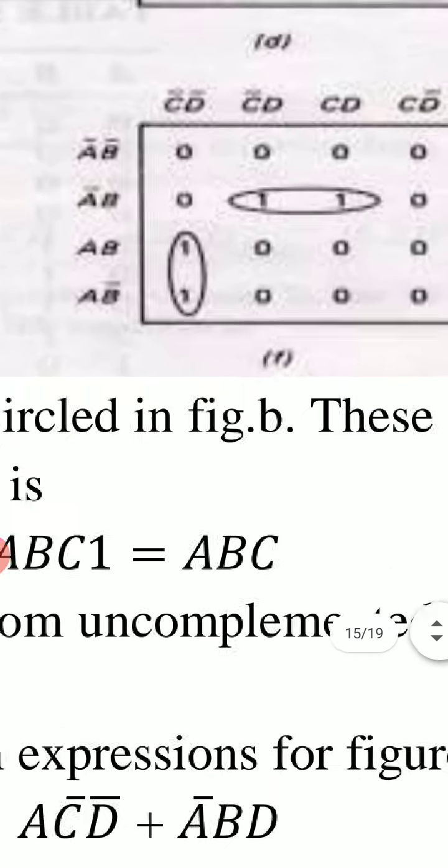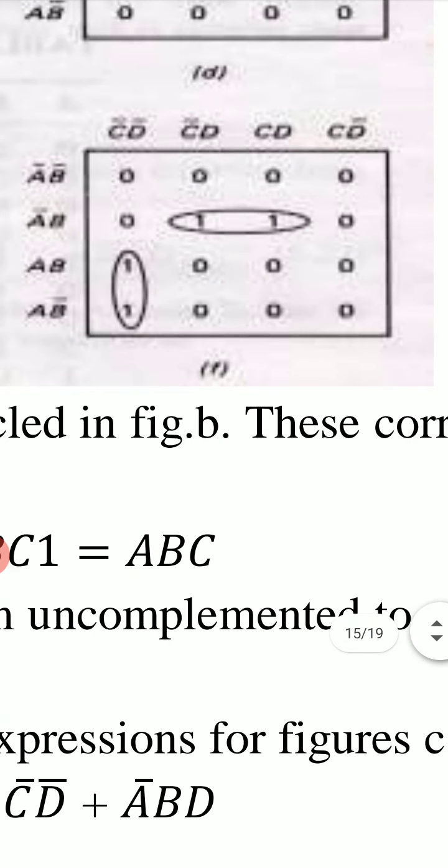If two pairs are formed as shown in this figure, for the left side pair we will get y equal to A C bar D bar. C bar D bar is for both ones of this pair, and out of AB and AB bar we take only A because B is changing to B bar. So from the left hand side we get A and from the upper side we get C bar D bar.